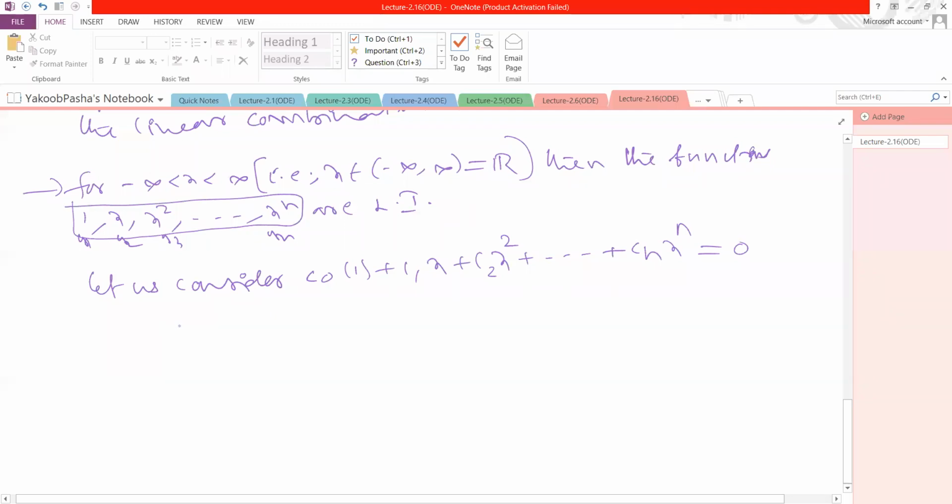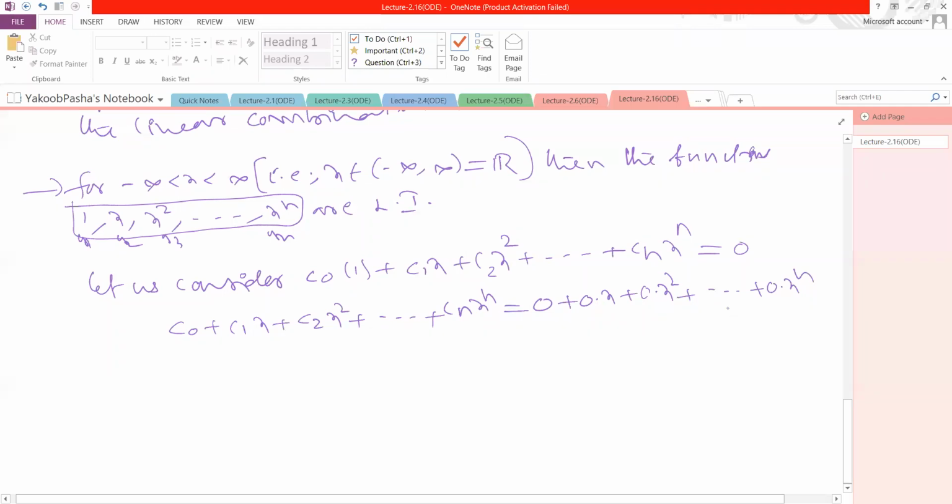So we can write C0 plus C1 x plus C2 x square plus up to plus Cn x power n equal to 0 as 0 plus 0 into x plus 0 into x square plus up to plus 0 into x power n.